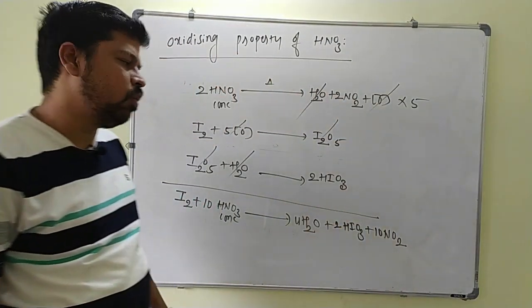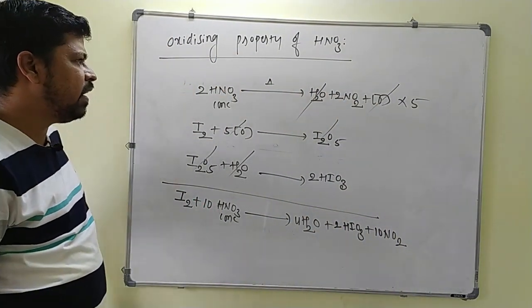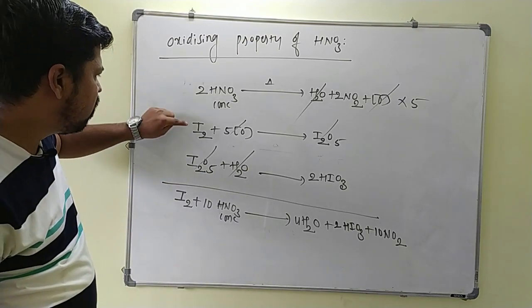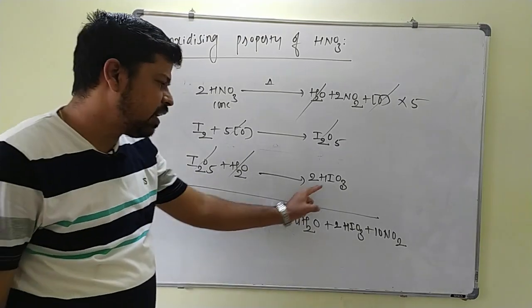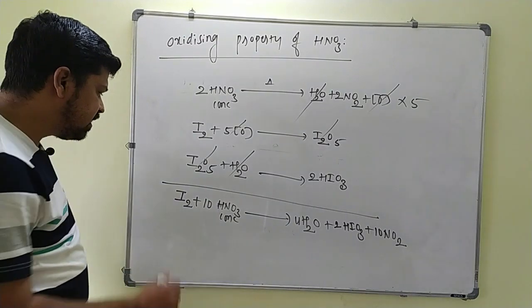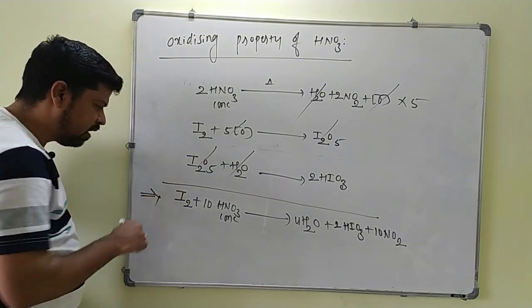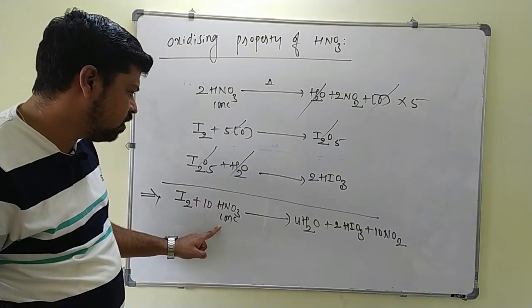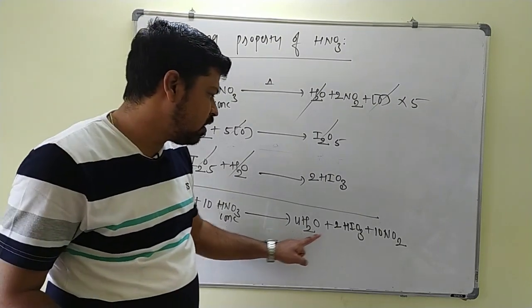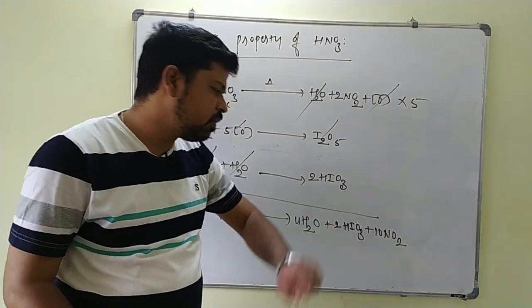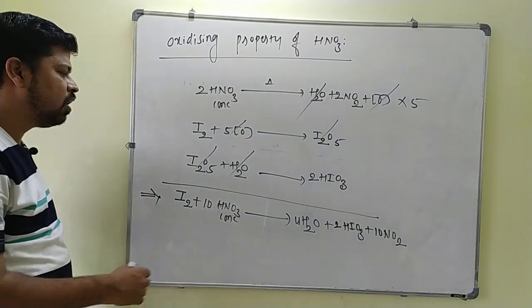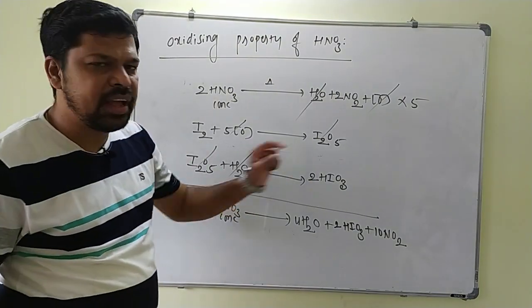So in this way you can write what? The oxidation of iodine to the iodic acid. So in the NCERT directly they have given this one. I2 reacts with 10 moles of concentrated HNO3 giving 4 moles of water, 2 moles of HIO3 and 10 moles of NO2. Okay. This is what, oxidation of I2 to the iodic acid.